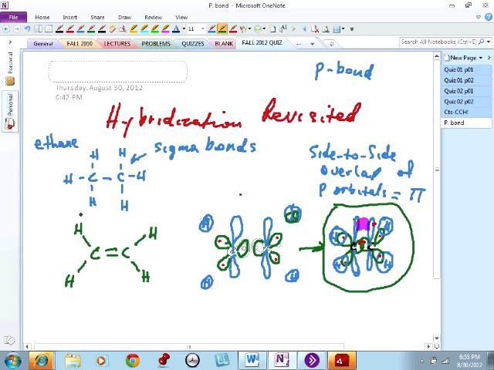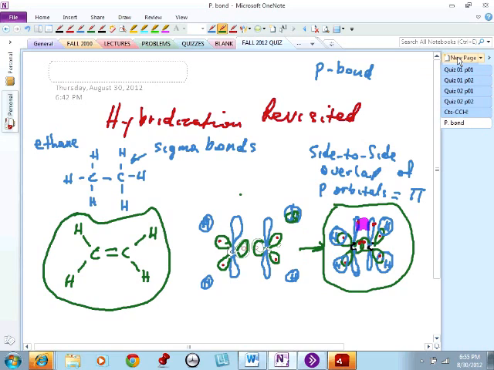That would be the orbital picture of this structure right here, in which each one of these single bonds is a sigma bond, and one of the double bond is a sigma bond, and the other is a pi bond. Okay? Everybody follow that? Okay.